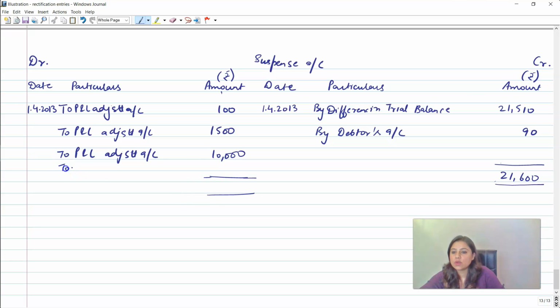So the balance will also be transferred to the P&L adjustment account in order to bring down the difference to zero, and that is rupees 10,000. Thus the total is 21,600, making the suspense account nil.